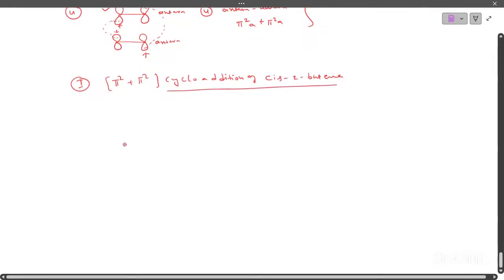Look at it. We are taking cis-2-butene: H, CH3, CH3. And two molecules of cis-2-butene are undergoing cycloaddition.